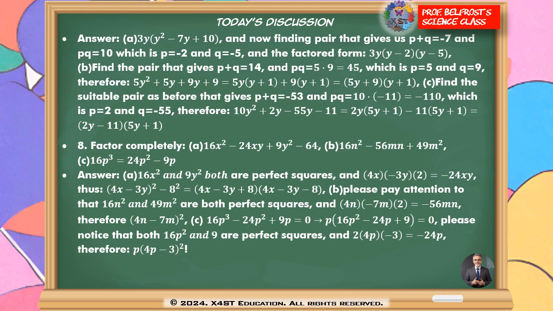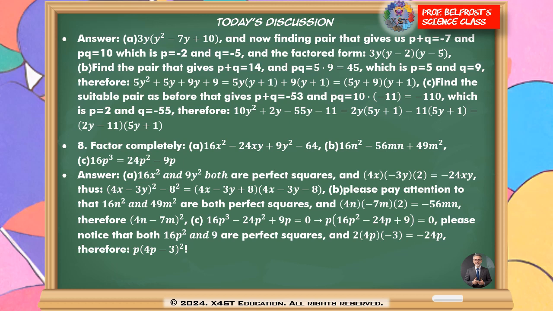B is to find the pair that gives us p plus q equals 14 and pq equals 45, which is p equals 5 and q equals 9. So we can do the factorization as shown, and we obtain 5y plus 1 plus 9y plus 1, which can be factorized as 5y plus 9 times y plus 1. About c, this is the same.